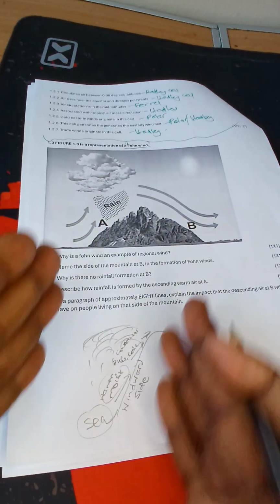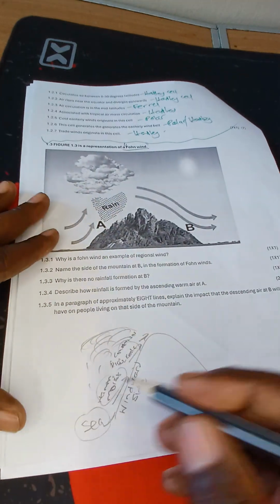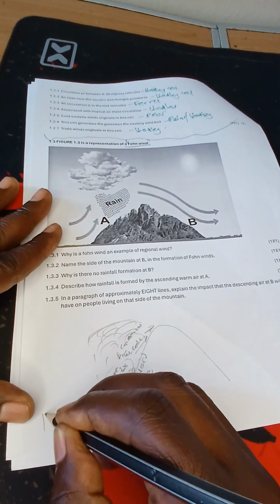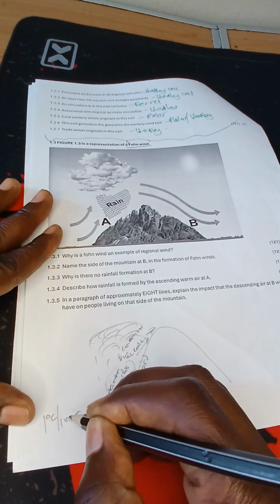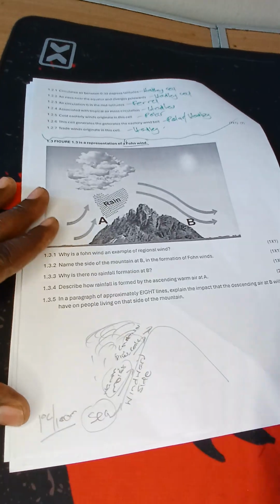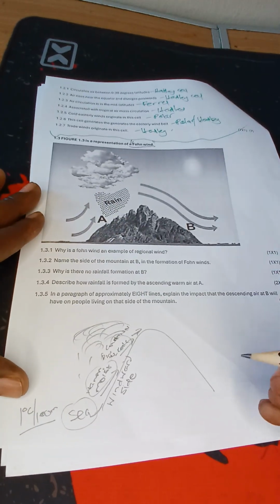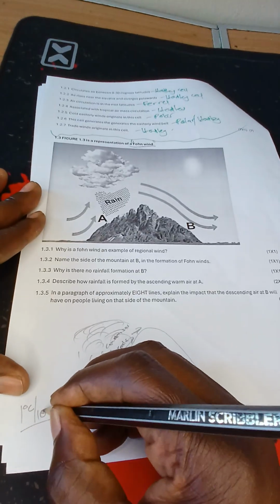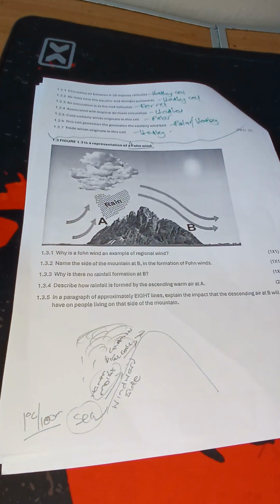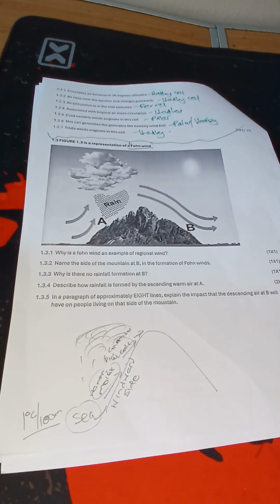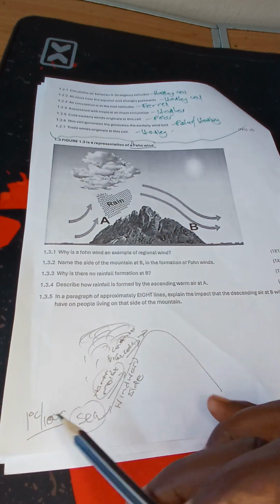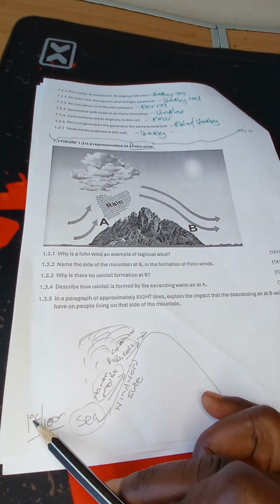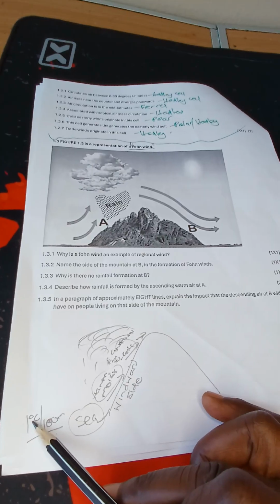Then what is happening on the windward side is there is a drop in temperature by 1 degree for every increase in altitude of 100 meters, which is what we call adiabatic cooling, or the wet adiabatic lapse rate. So for every increase in altitude of 100 meters, the temperature drops by 1 degree Celsius.